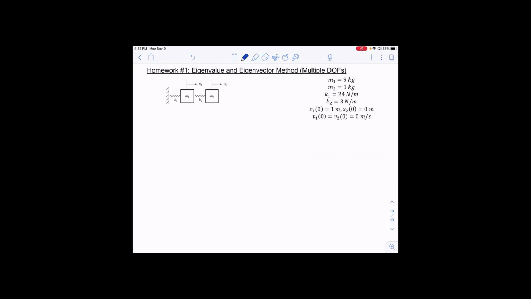So here I'm going to go over homework number one. First of all, when you see a mechanical system, you need to find out the ODEs, or equation of motion. In this case, there are two ways to write it.